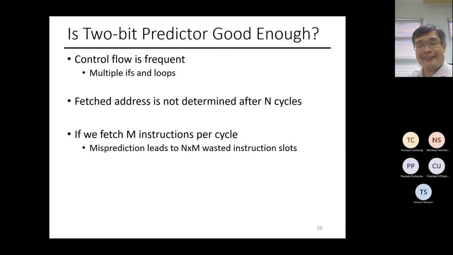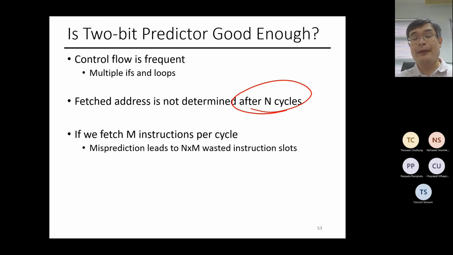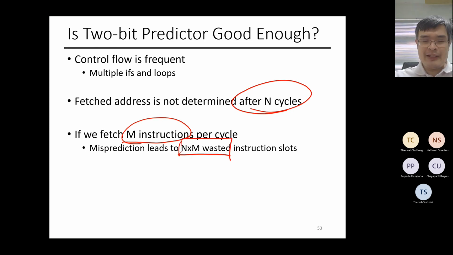So let me do a quick recap here. This is actually the last slide before we go and talk about the assignment. So that was unfortunate. But is a 2-bit predictor good enough for a modern CPU? You don't fetch 1 instruction per cycle. You actually fetch multiple. So if you mispredict a branch, you waste n cycles per instruction fetch, and you have already fetched m instructions. So you're wasting n multiplied by m per misprediction.